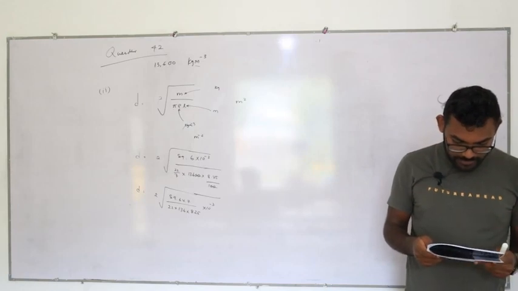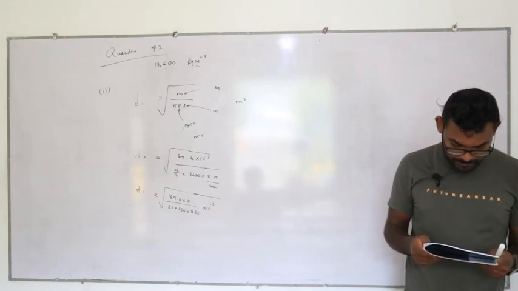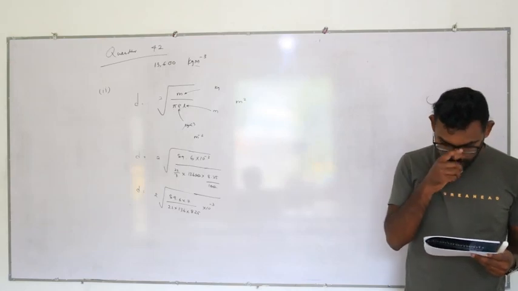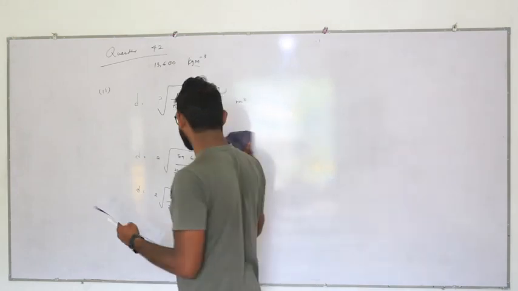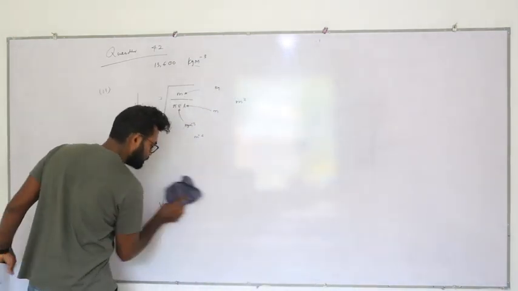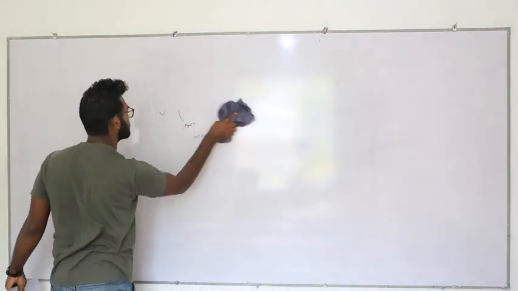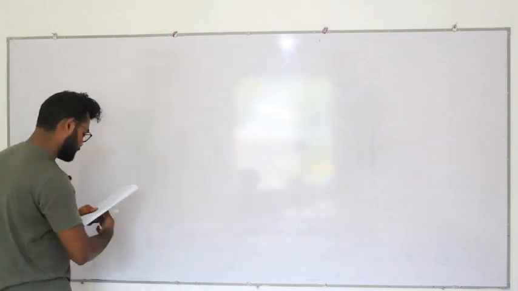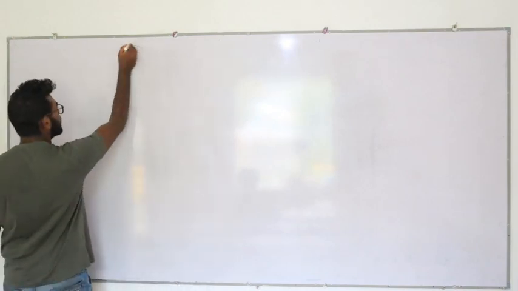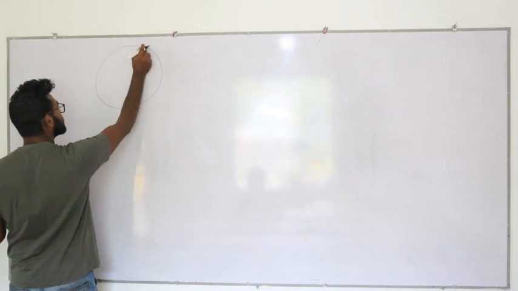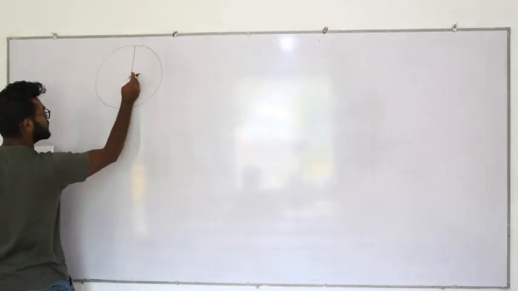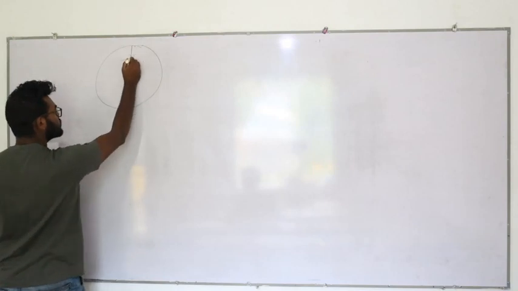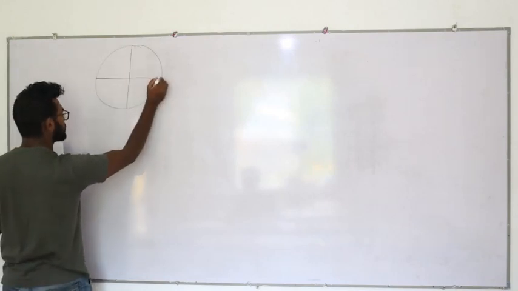Okay, so it's asking which direction you need to move it. Now part A is given like, okay, so these are the cross wires like that.